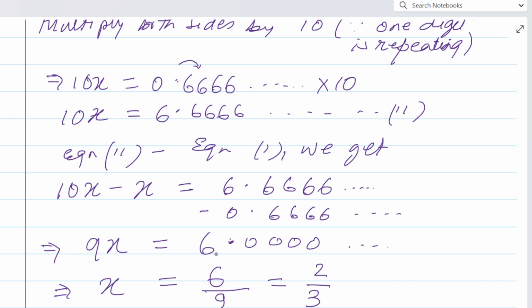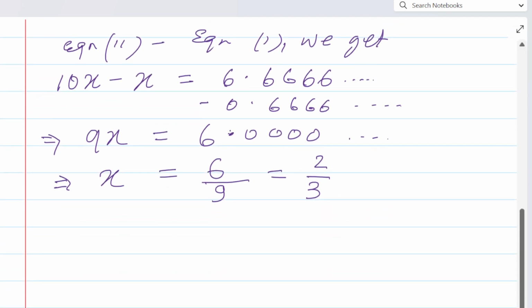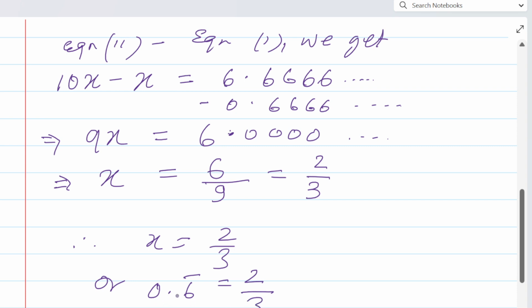Okay, so what is my answer? Therefore x equals 2 by 3. What was x? 0.6 bar equals 2 by 3, because I had taken 0.6 bar as x.